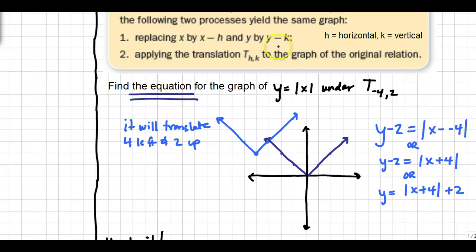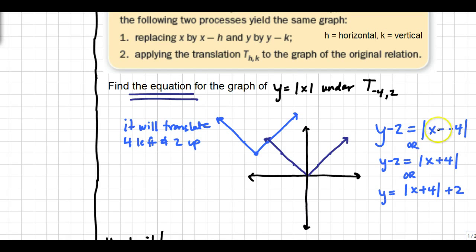For the equation, we're going to replace the x with x minus h. So if I take my absolute value and plug in x minus what the h value was, I would have x minus a negative 4 inside the absolute value symbols. I would do the same thing for the y, except I do y minus k. So the y is going to be y minus 2. Keep in mind that a lot of times we write these in other formats.